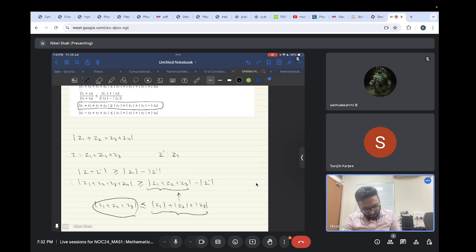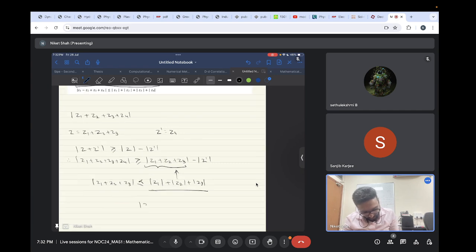So this right hand side quantity can become greater than the left hand side also. If I put mod z1 plus mod z2 plus mod z3 minus mod z4, I don't know whether this inequality still holds or gets reversed, because this quantity is greater than this quantity.